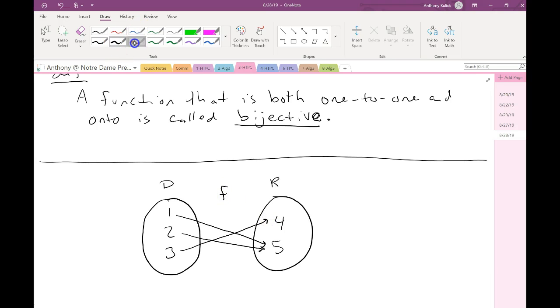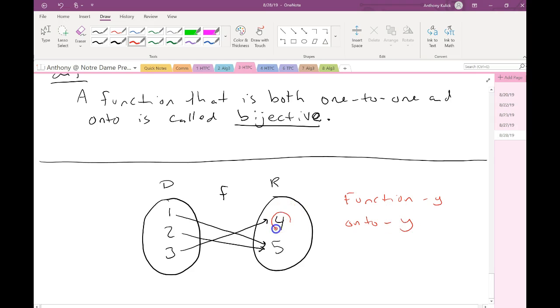Just call this function f. So first things first, is this a function? Right, this is a function. Is it onto? Yes.